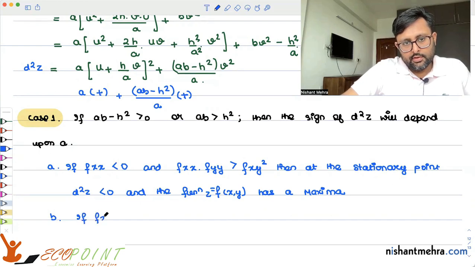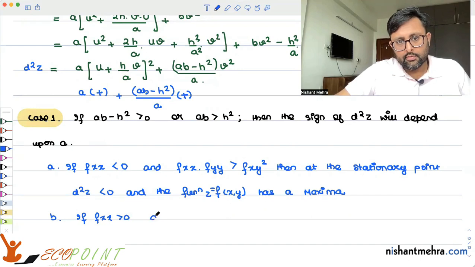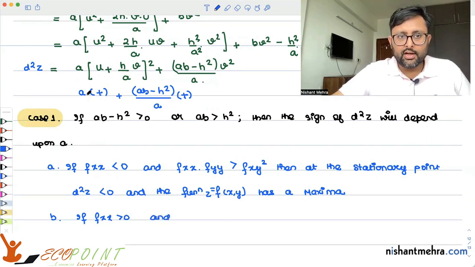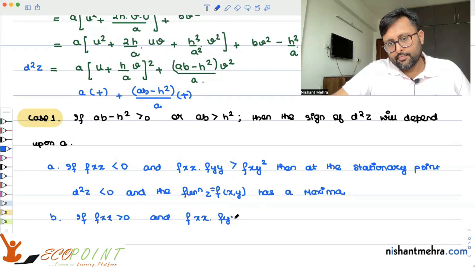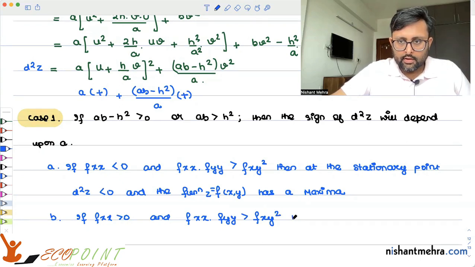If fxx is positive, and this condition is holding, then everything is positive. Right? A is positive, this is positive, this is positive, everything is positive. So d to z is going to be positive. fxx into fyy is greater than f of xy square.